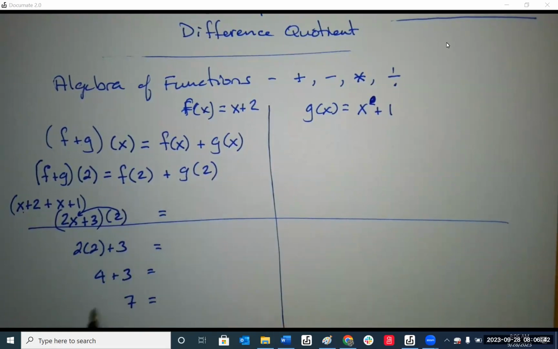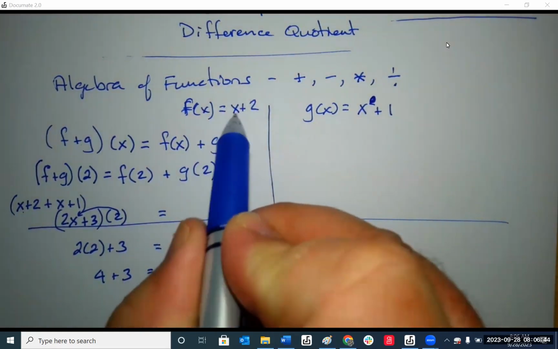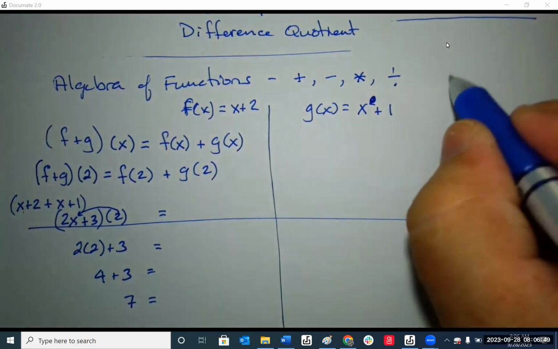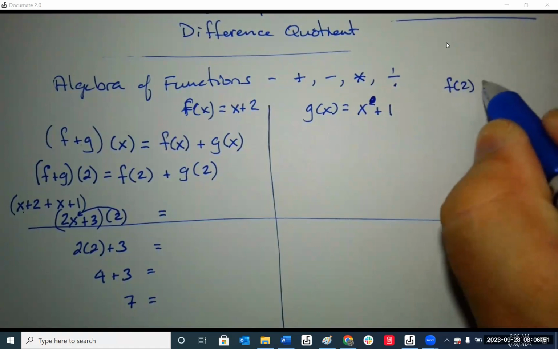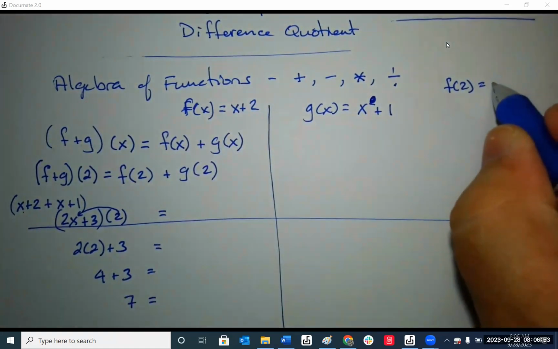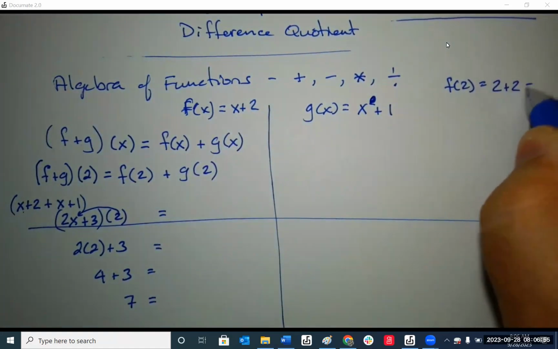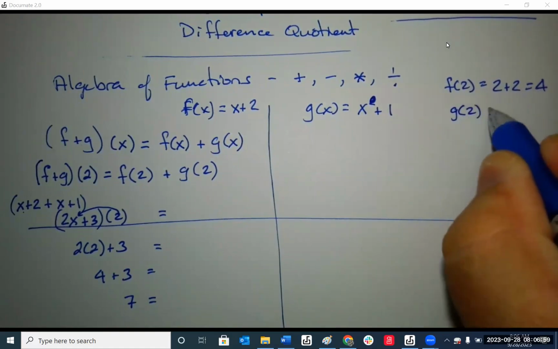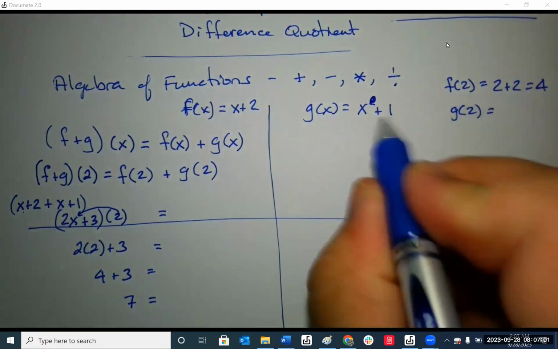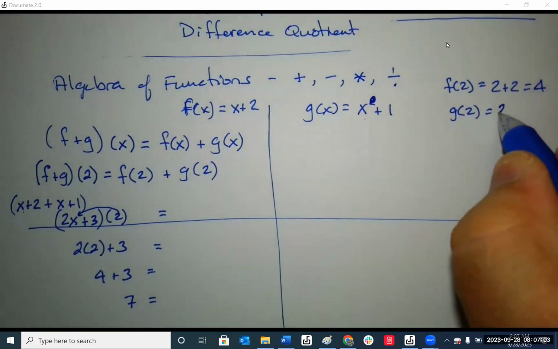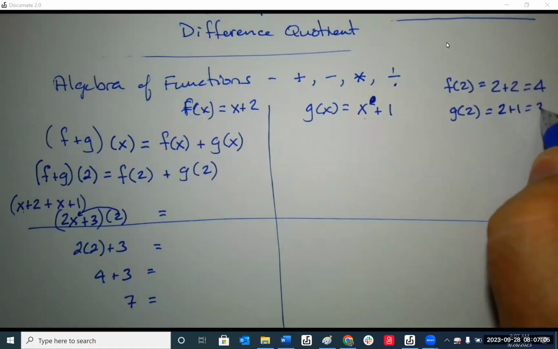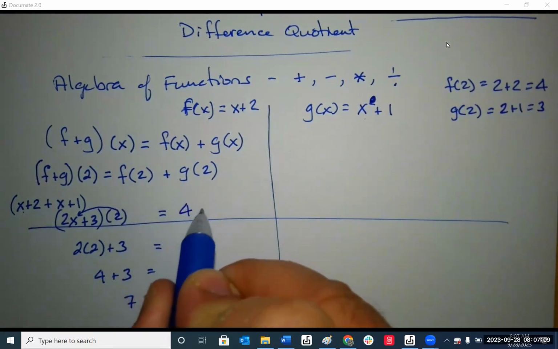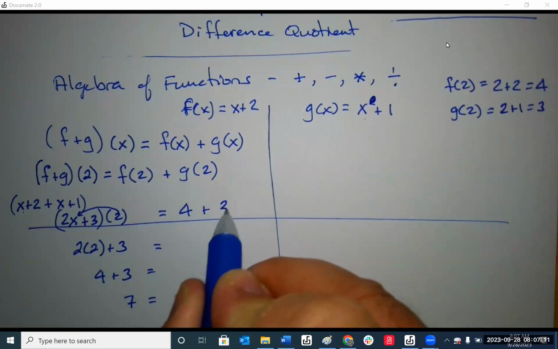Or we could do the two functions separately. If we put 2 inside the first one, f of 2 is 2 plus 2 equals 4. And g of 2, where g of x is x plus 1, is 2 plus 1 equals 3. So f of 2 is 4, g of 2 is 3.